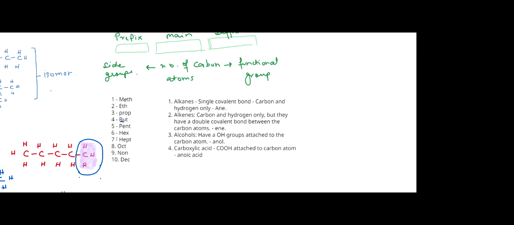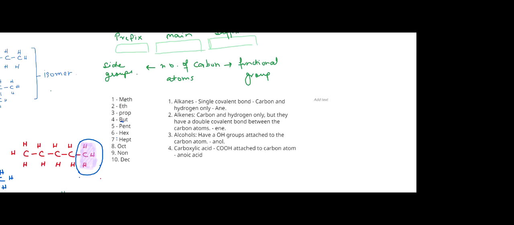Then we have side groups. When we talk about side groups, in the prefix we will include the side groups. What are the side groups? For example, we have chlorine, bromine, or iodine.